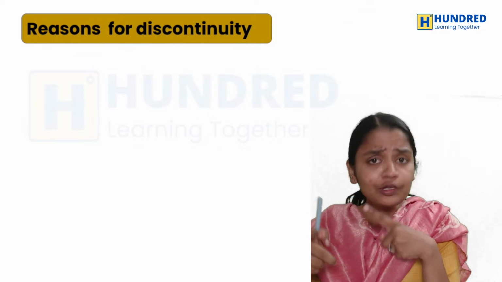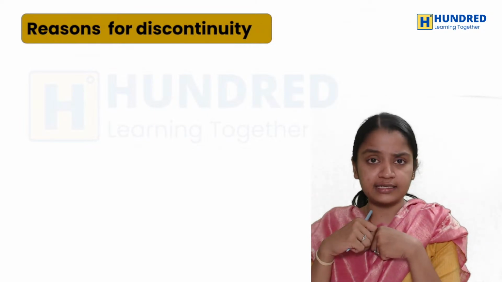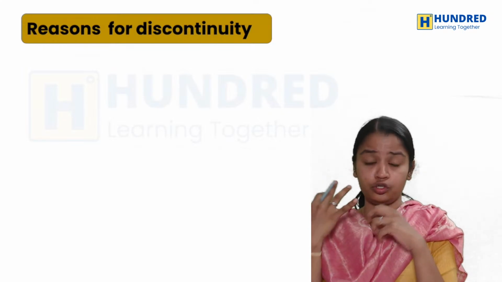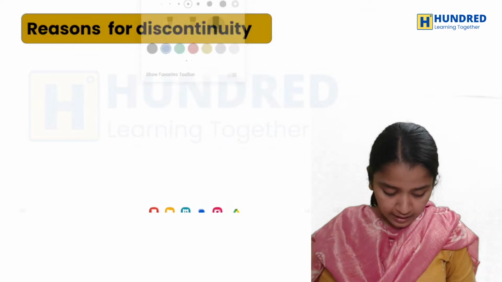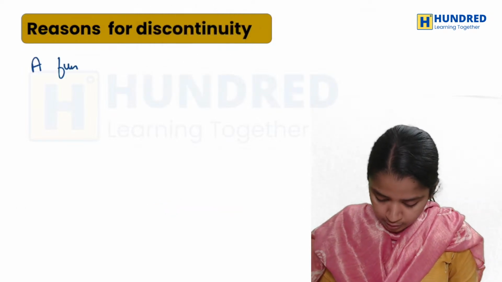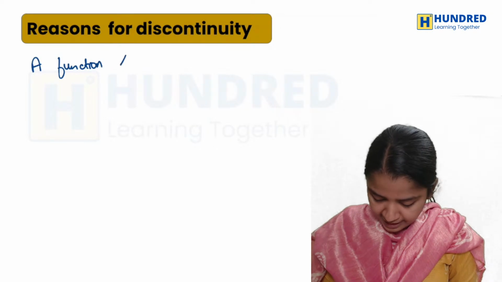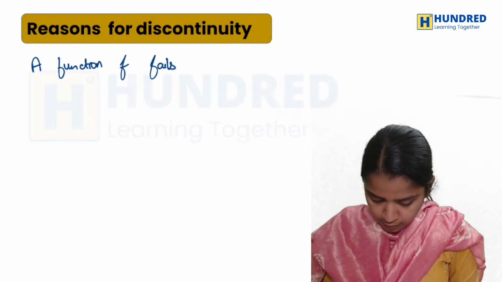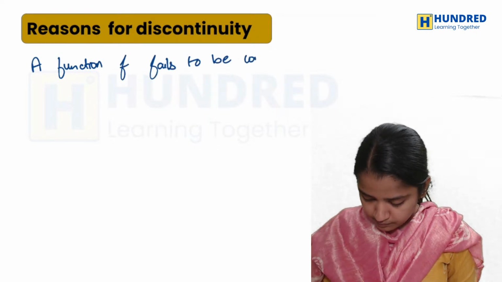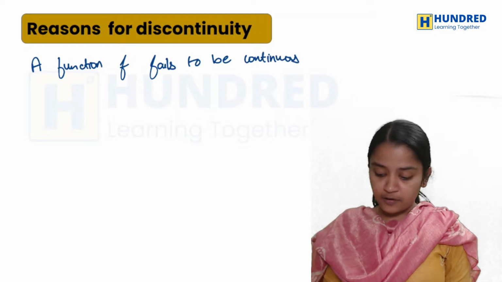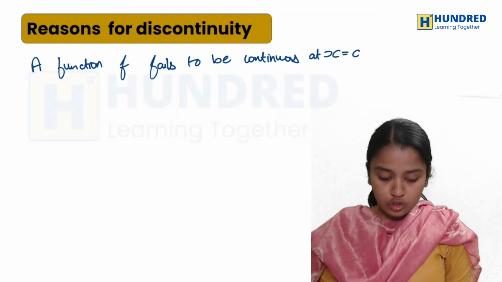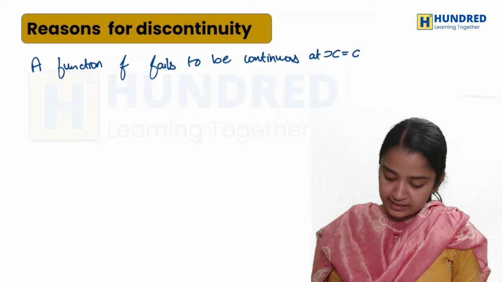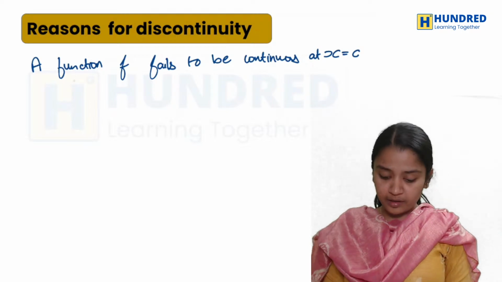Now, when can you say your function is discontinuous? There should be some reasons why your function is discontinuous. So let me tell you. A function f fails to be continuous at x equal to c for the following reasons.